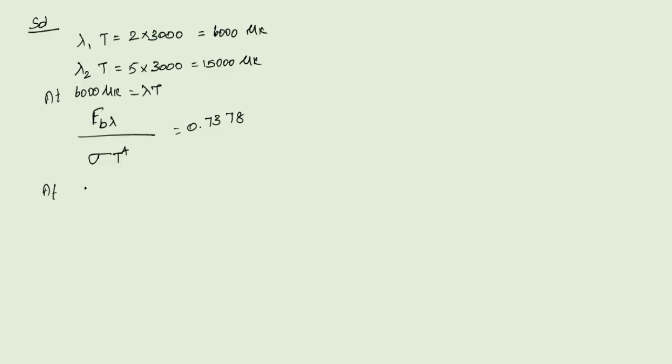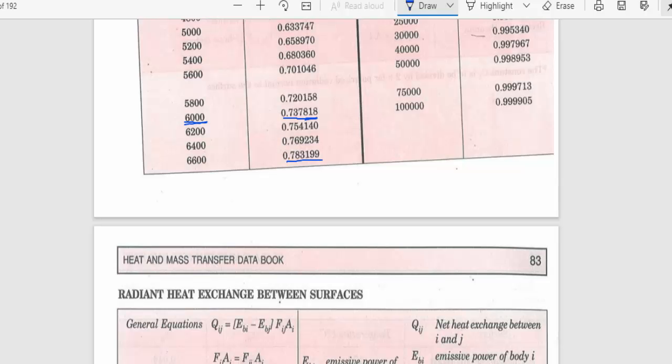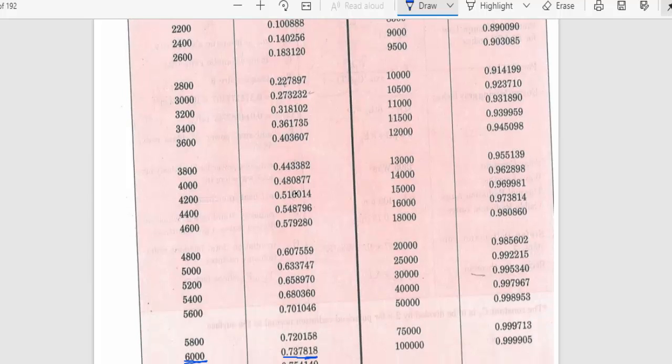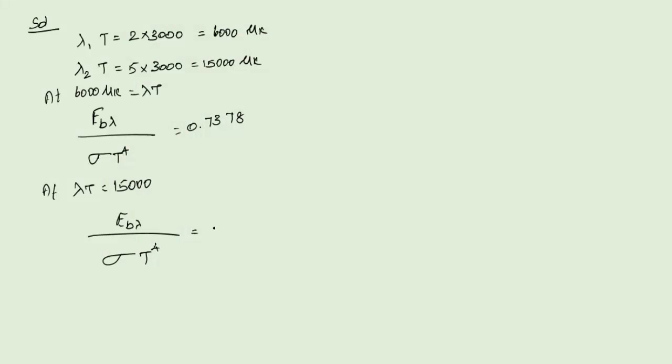Similarly, at lambda T equal to 15,000, the value of E_b lambda divided by sigma T to the power 4, given in the data book, is 0.96998, about 0.9699.